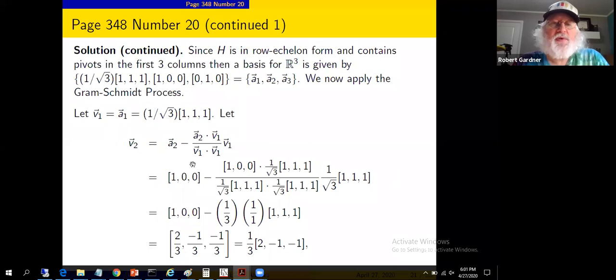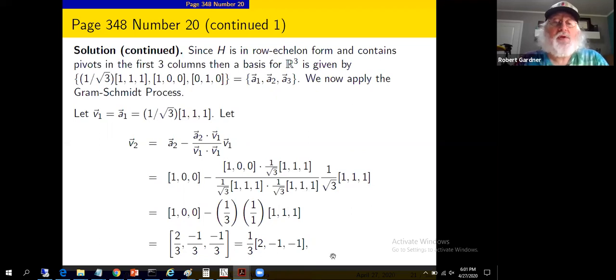So we'll substitute in A2, which is 1, 0, 0, there it is. V1 carries this 1 over square root of 3 with it, sorry. So here's V1 dot V1, and here's vector V1 outside. At least the square roots of 3 look like they all cancel.